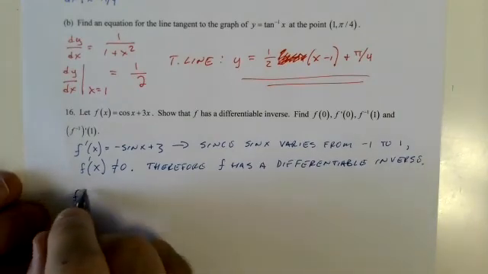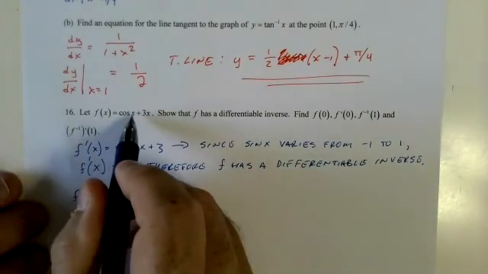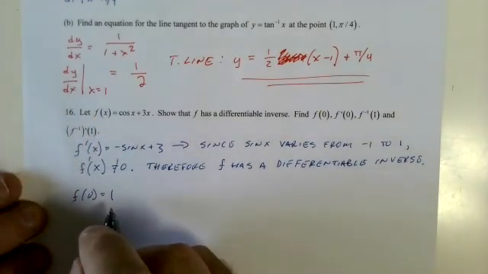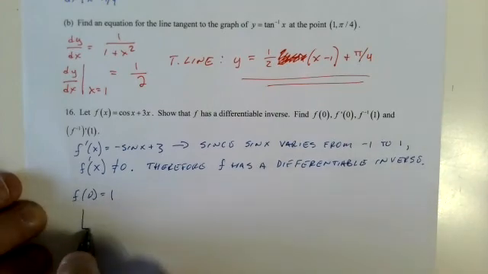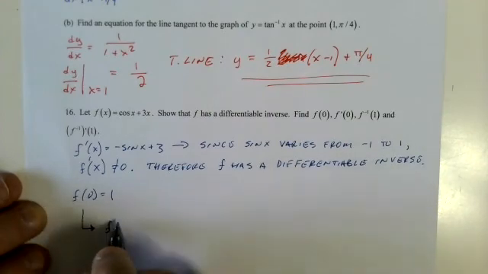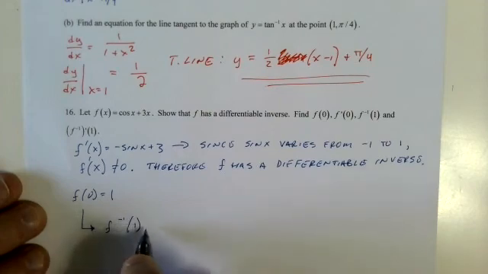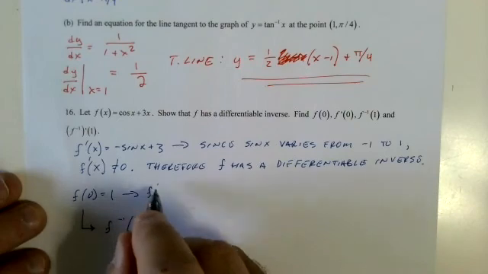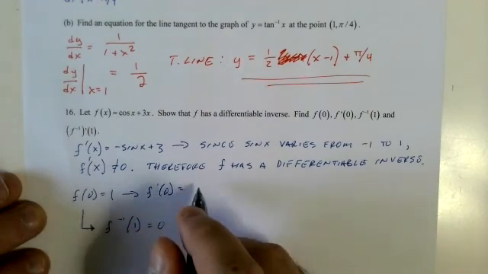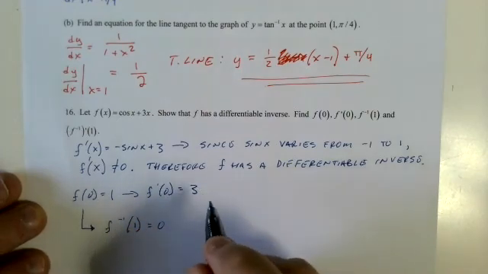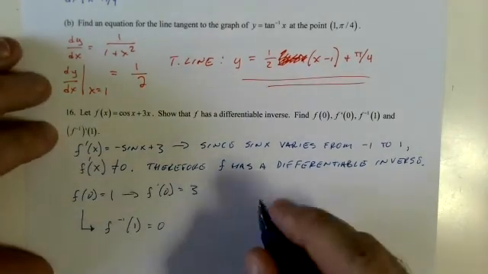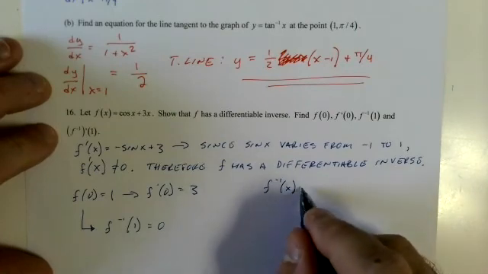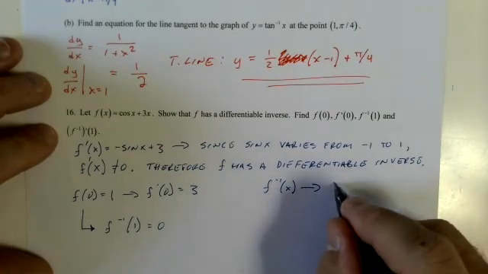F of 0 equals 1. Therefore, f inverse of 1 equals 0. F prime of 0 equals 3. So for the inverse we would just flip them around.